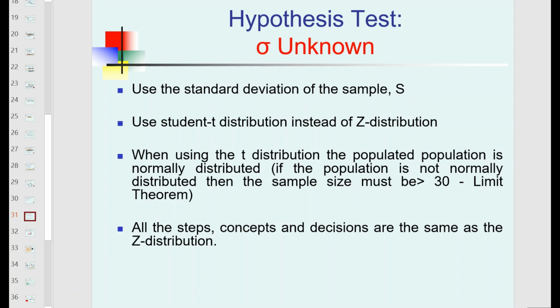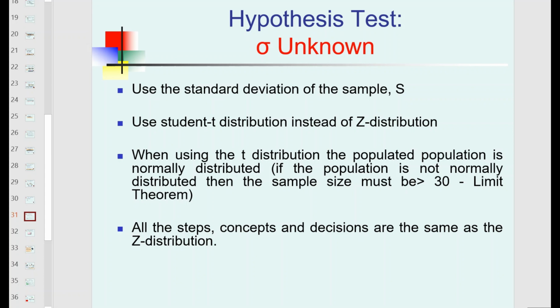Either approach you choose, you should get the same answer. It's just that the approach is different. Okay, so done with that. Now we move to the next hypothesis test, because remember just now I said there are two statistical tests, Z and also T.